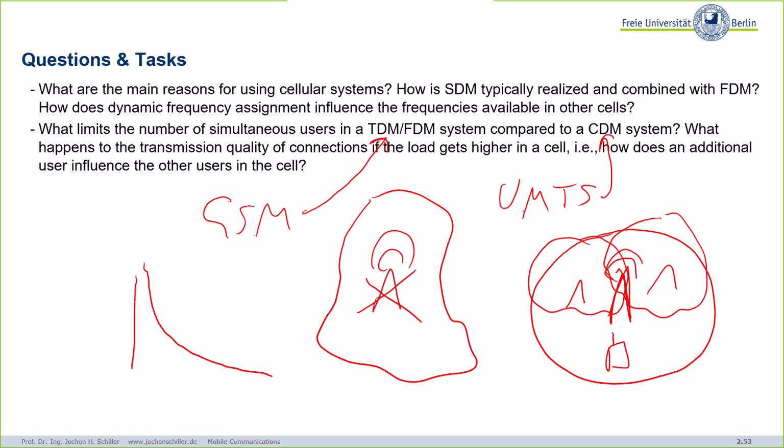And if you think of the number of simultaneous users, what limits this number, TDM or FDM compared to CDM? Or what happens if you have more and more users in a cell using TDM-FDM or in a cell using CDM technology without any additional regulations?